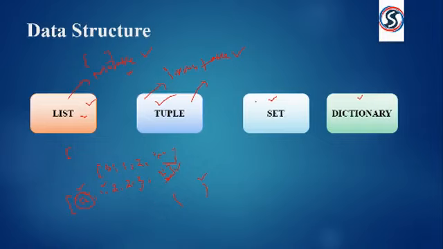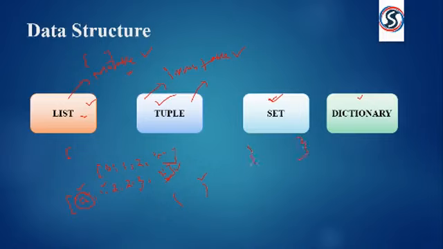Next we have the set. A set is an unordered collection of unique items, and it is defined by values separated by commas inside curly braces. Whenever we define a set, the elements are inside the curly braces.